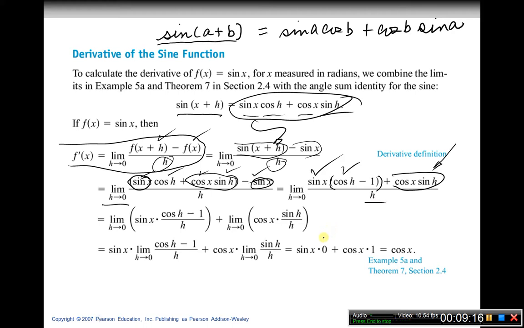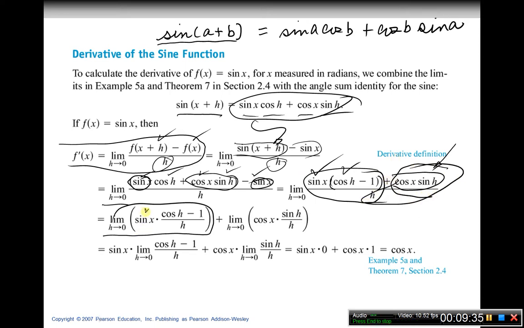And we now can take the limit as h approaches 0 of this portion plus the limit as h approaches 0 of this portion.